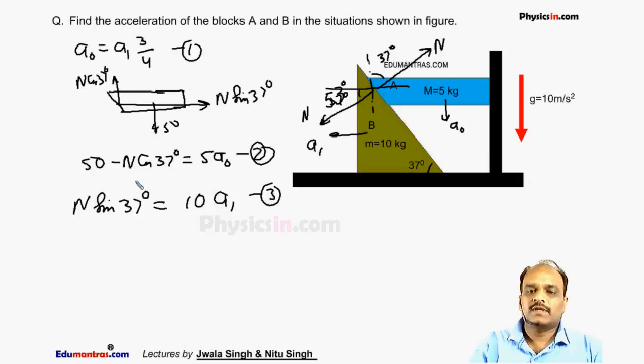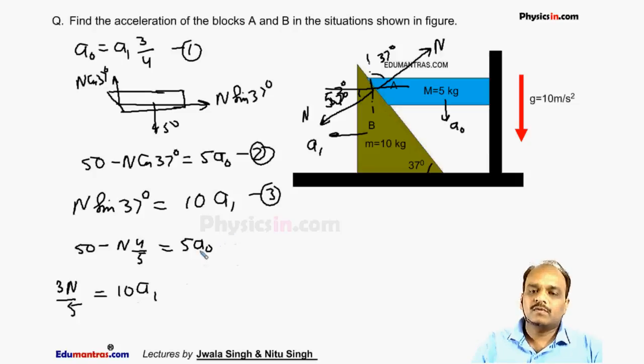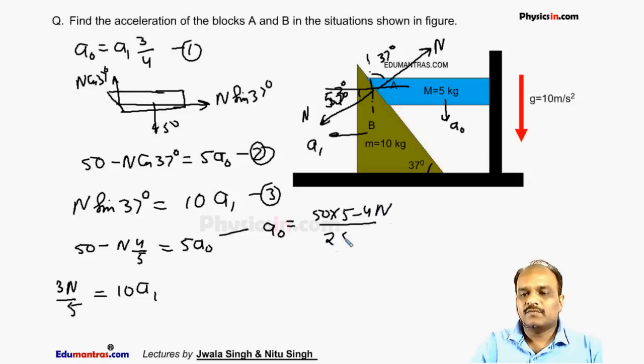From these three relations, first, second and third, from the second equation we can say 50 minus N cos 37, which means 4 by 5, is equal to 5 a naught, and from the third equation N sin 37, which means 3 by 5, is equal to 10 into a1. Now if we solve for the values, a naught is equal to (50 into 5 minus 4N) divided by 25.